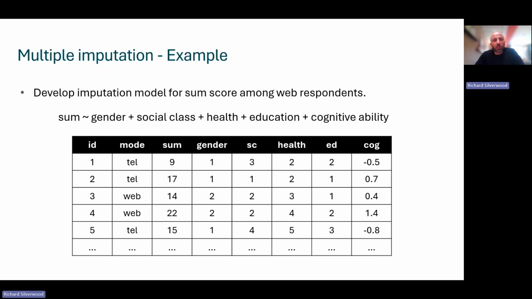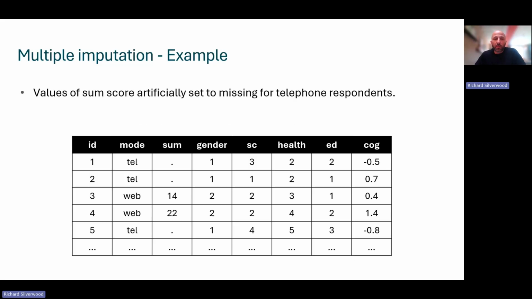So this imputation model is developed just amongst the web respondents, so only using information on how the sum score and these other variables co-vary amongst those responding by web. The sum scores for those individuals who in fact responded by telephone are artificially set to be missing.